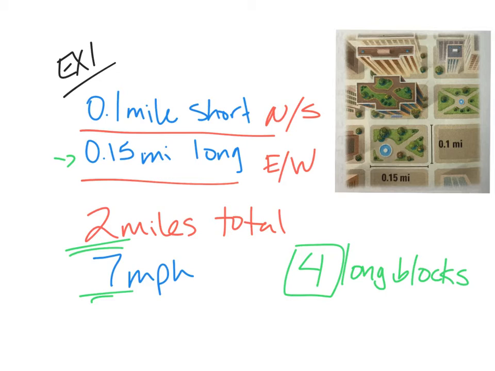So now let's go look at example 2, and this is going to help us make our plan. First of all, we know how long a short block is, right? Tell me how long a short block is. 0.1. And then I'm just going to say S for short block, right? So each short block I run is 0.1, so that's multiply.